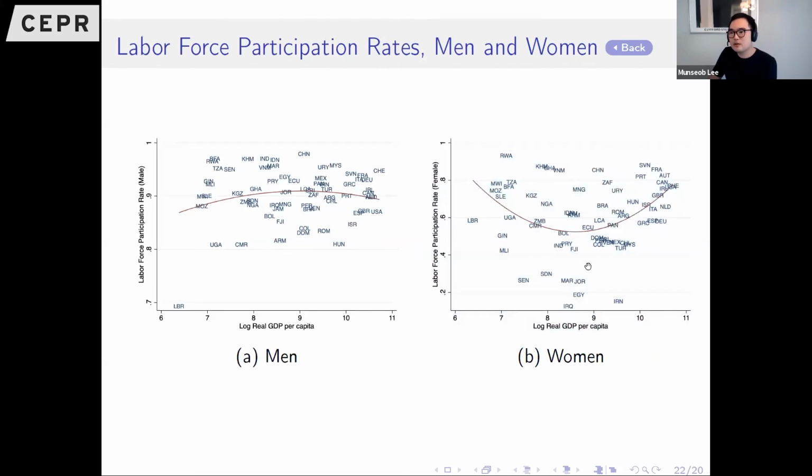So there is the U-shape in the labor force participation rate. I'm basically estimating that in those countries, solely coming from the preference, they have more preference on leisure, and these countries have lower preference on leisure.